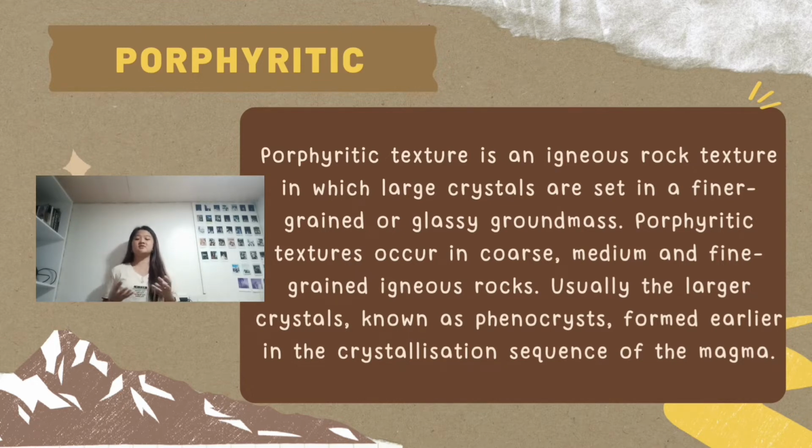Usually, the larger crystals known as phenocrysts form earlier in the crystallization sequence of the magma. Seriate refers to the porphyritic texture with a constant change in crystal size. Porphyries are the type of hypabyssal rock having porphyritic textures.